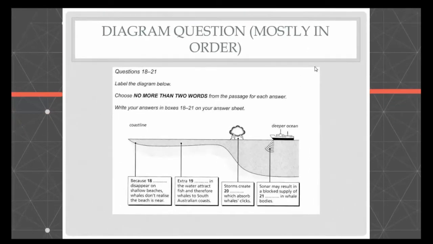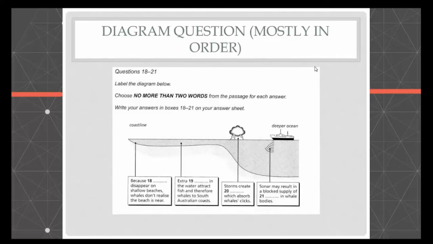Next, we have a diagram question. A diagram question is basically the same as a fill-in-the-blank question. Don't be confused by the diagram. The diagram is helpful because it can give you a good idea of what paragraph or paragraphs you should be looking at, because the proper paragraph is going to be describing this diagram. And you have to be able to know what answer goes on the blank line.